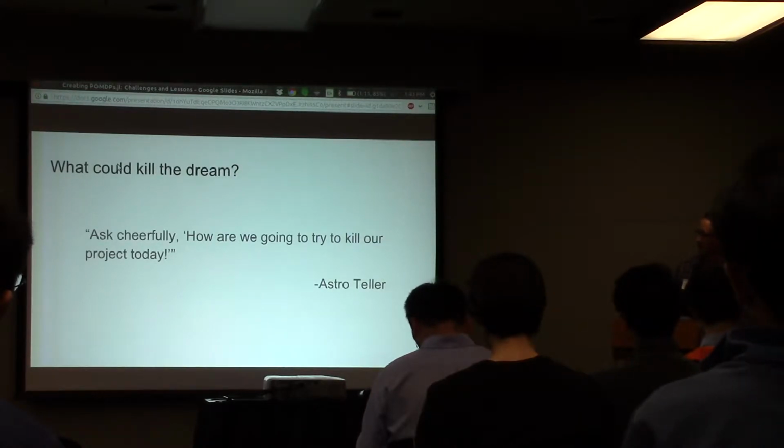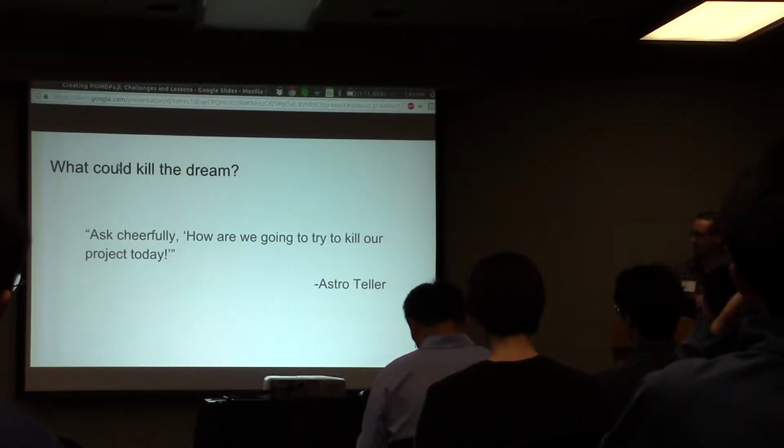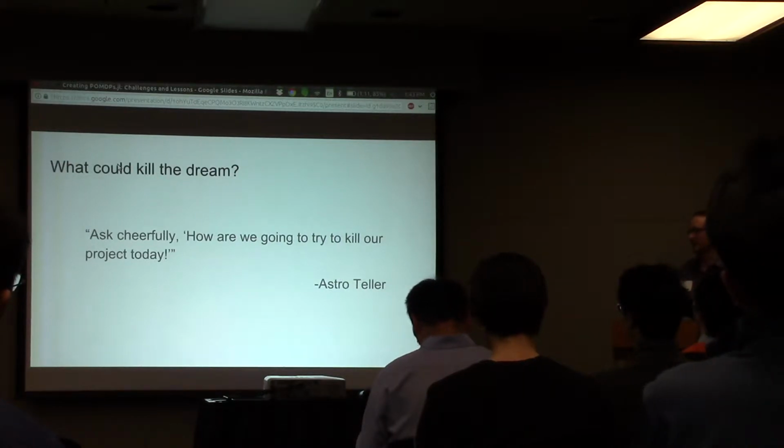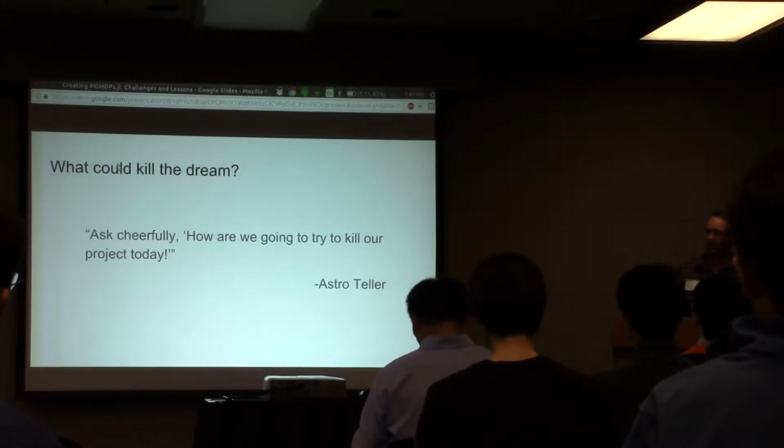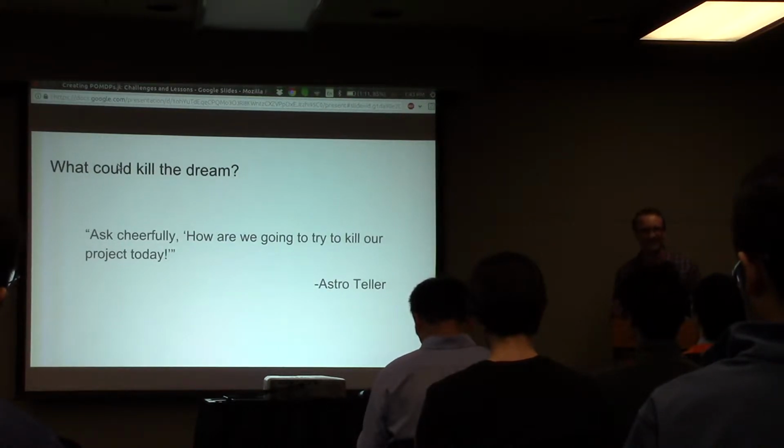One piece of his advice is to always ask yourself, how can we kill this project? And if you can't find a way to kill it, then it's probably a good thing to pursue.